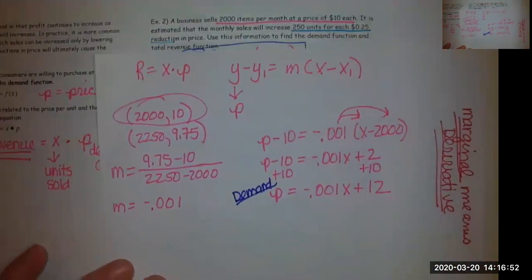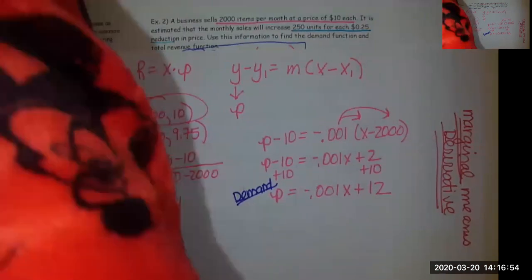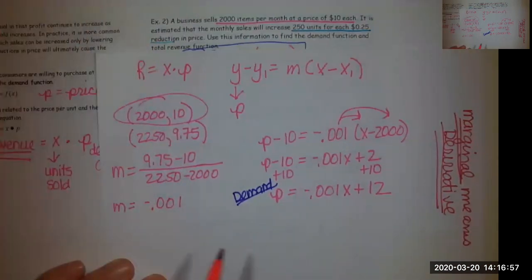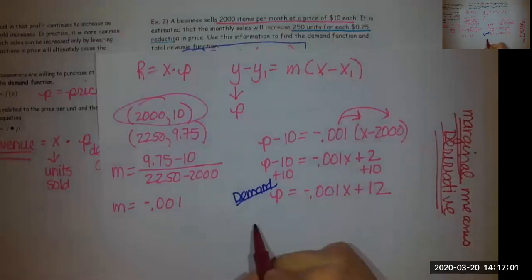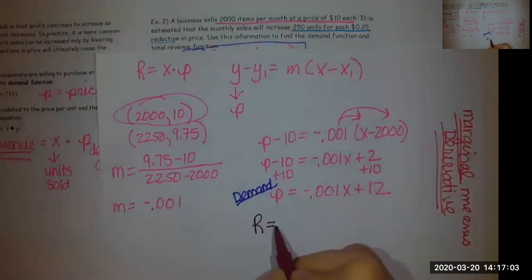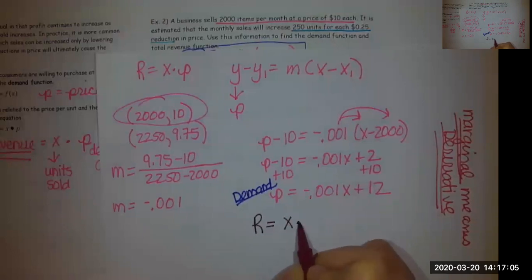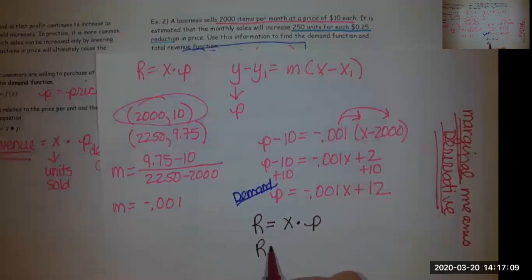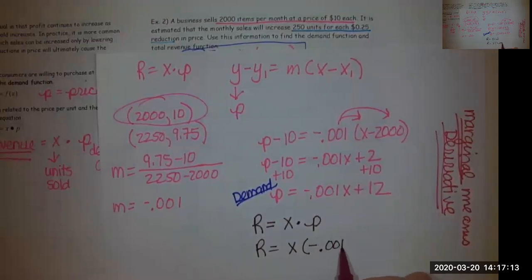And now it wants us to find revenue. Well, remember, oh, I want a different color. Okay. Revenue equals x times p. So all we have to do is say R equals x times, right?